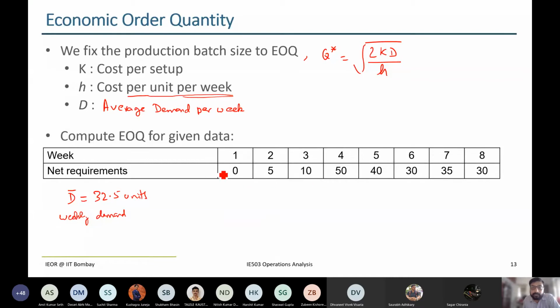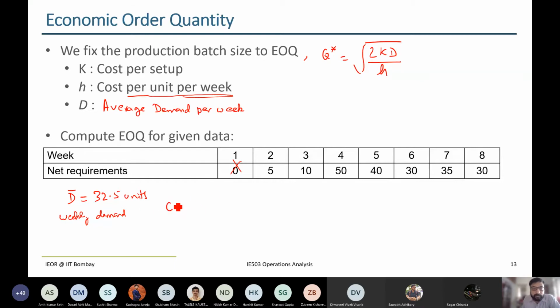It is just the average of these. We are ignoring period 1 because it is given as 0, so we are not considering that. We are just taking from where we want production, from 5 to 30, as the average demand. If somewhere in an intermediate period, suppose period 5 was 0, then of course we'll count it in our average computation, else the starting periods we just ignore.